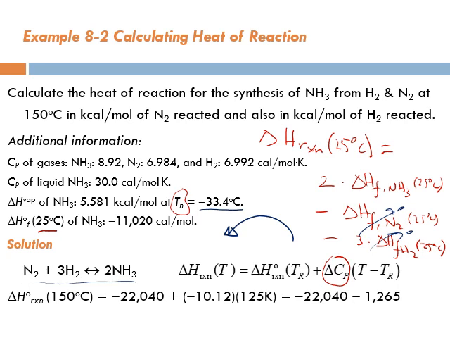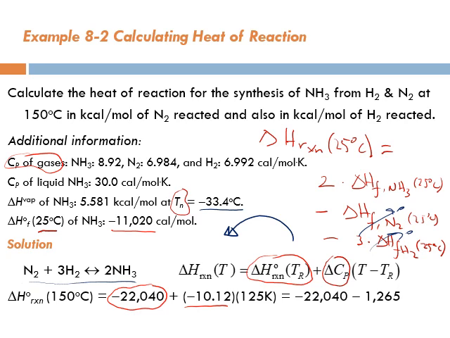Well, it equals the standard delta H reaction at a reference temperature, which we just calculated, which is basically 2 times this value, plus delta Cp, which we calculated also from the Cp of gases as we showed, and then this 125 is basically 150 minus 25 degrees, and we get minus 22,000 minus 1,000.